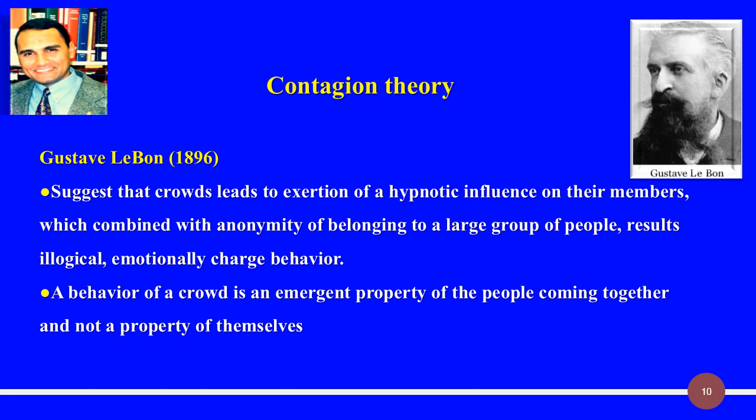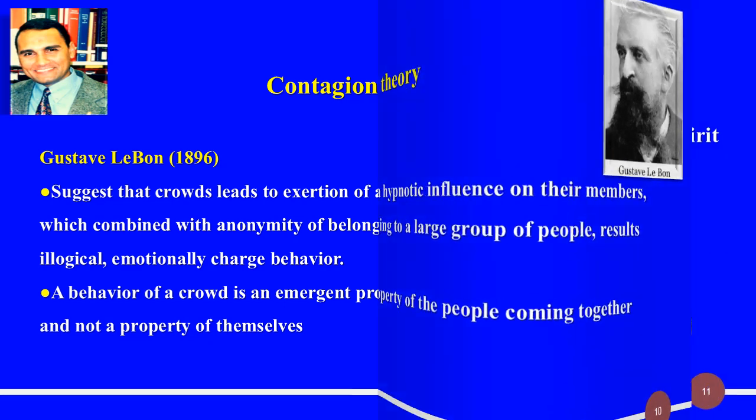The behavior of a crowd is an emergent property of the people coming together and not a property of themselves. This was one of the most accepted theories during that time.